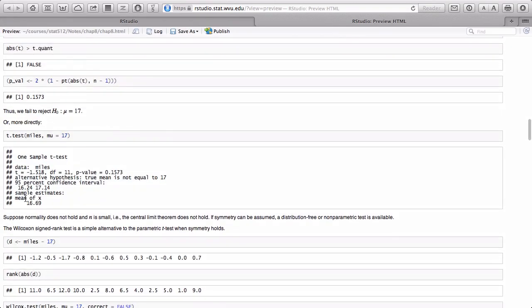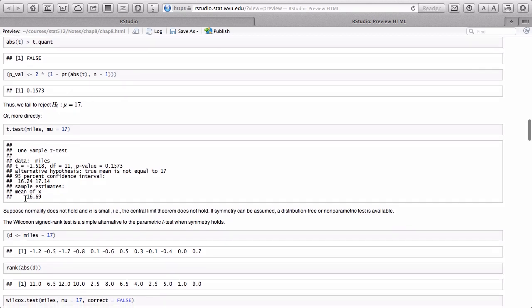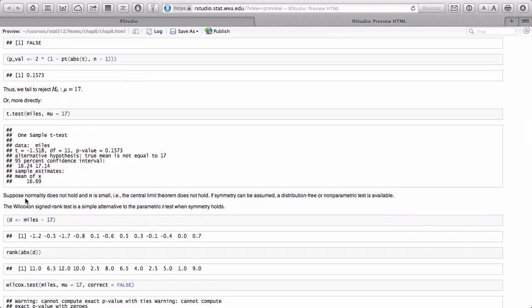Now, there are various ways we can do this. We could more directly use a built-in function called t.test in R. There you simply specify the variable, miles, and you say mu equals 17. That is the hypothesized value.